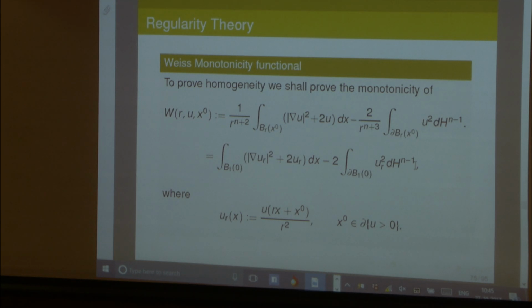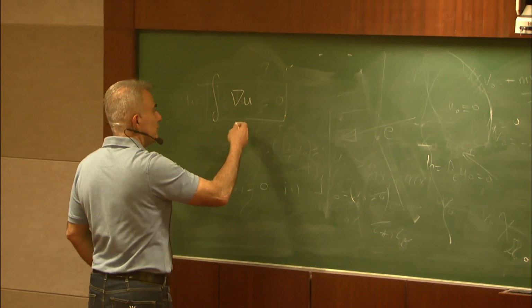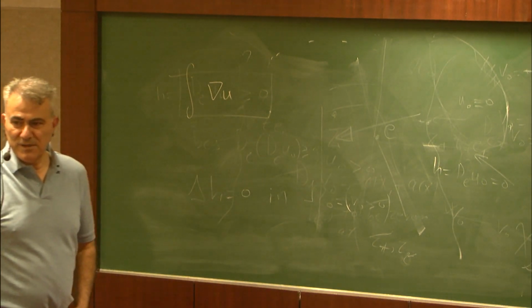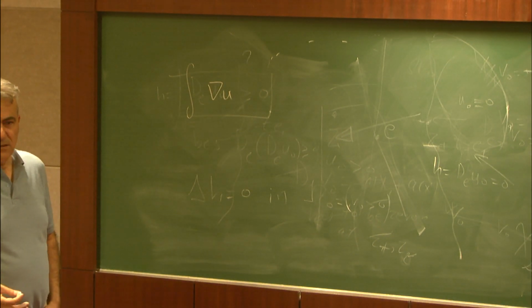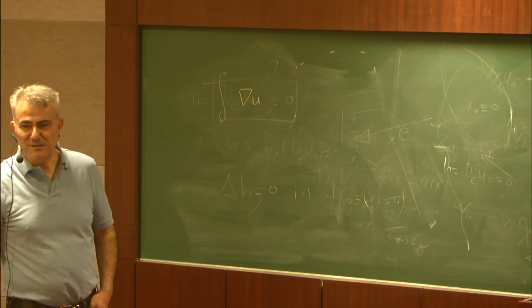Let's see. So what is the integral? The integral will be the gradient of u, since it's homogeneous, I can take out r. So if I blow up, it will be homogeneous, so ignore r, because it really doesn't affect this.